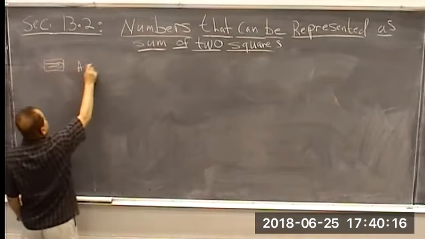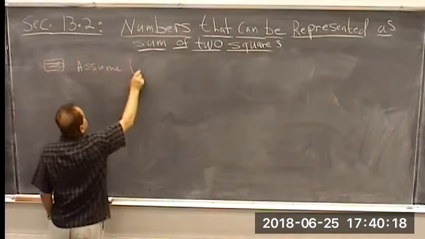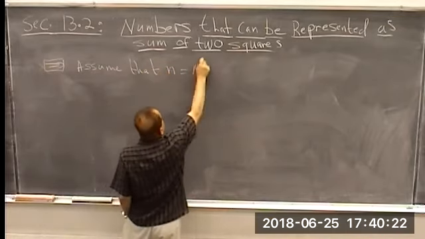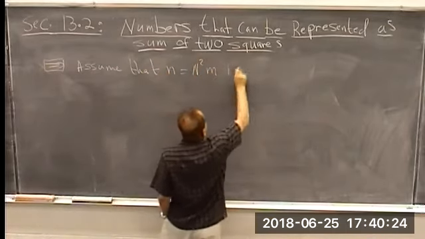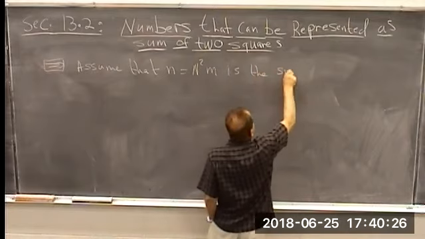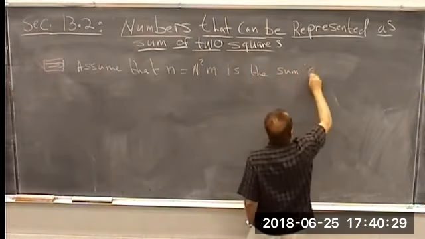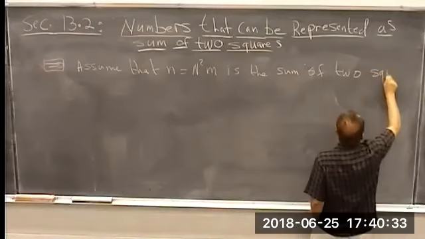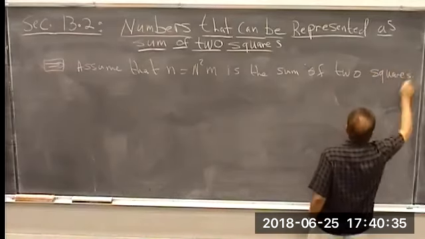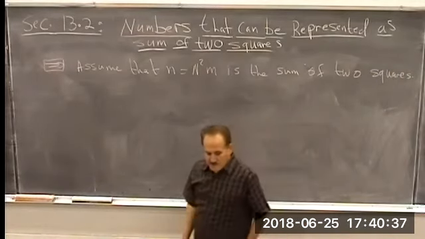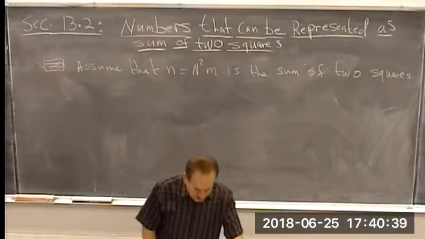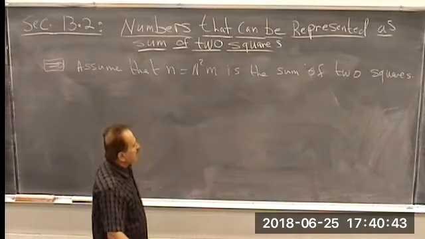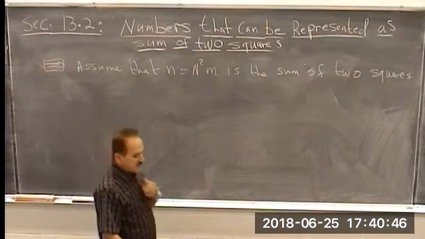We're going to assume that n squared m is the sum of 2 squares, and we want to show that m has no prime factor of the form 4k plus 3.